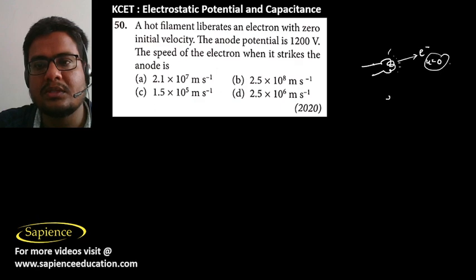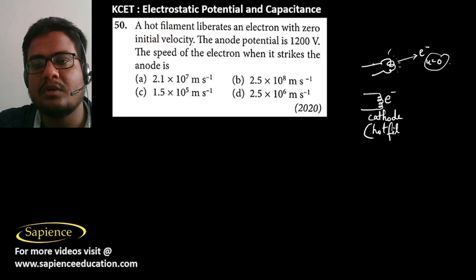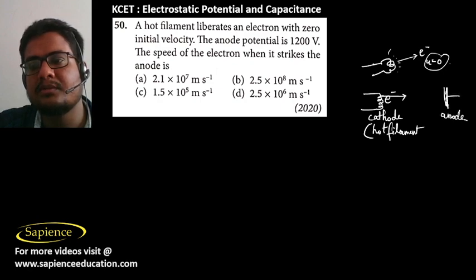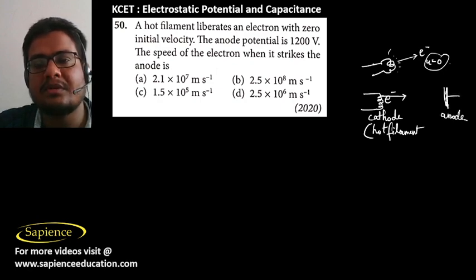So we know that the electron will go from the cathode, which is the hot filament. So the cathode has the hot filament, and from here the electron will go towards the anode plate, which is having a positive potential of 1200 volt.